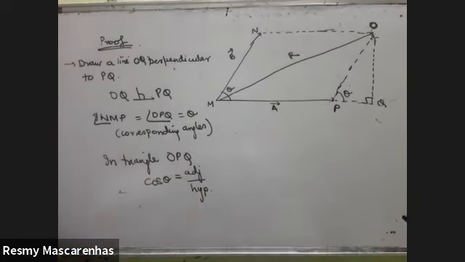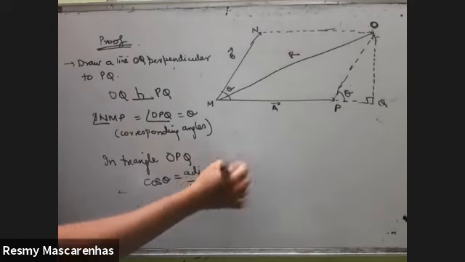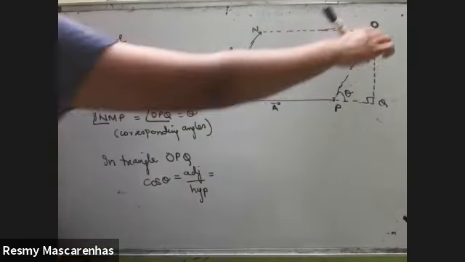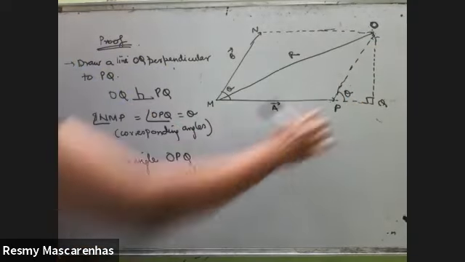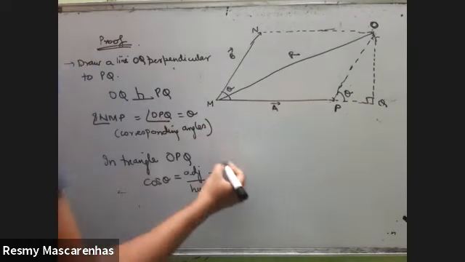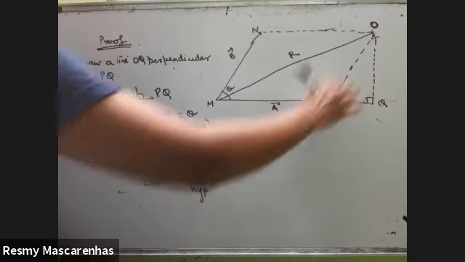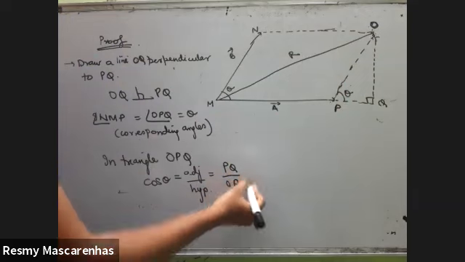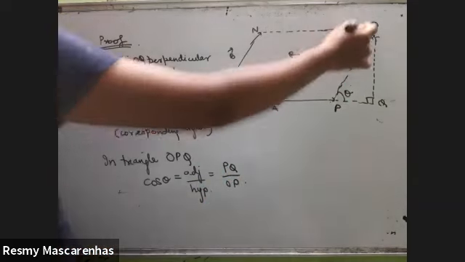Sin theta is always opposite upon hypotenuse. So let us see. I want to find cos theta in this triangle. We have to check the adjacent side, because adjacent upon hypotenuse. So it is PQ, and the hypotenuse is OP or PO, whichever way you want to write.